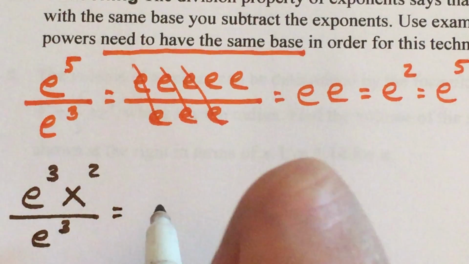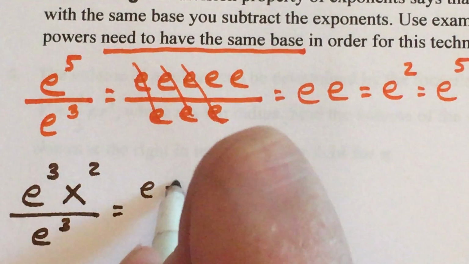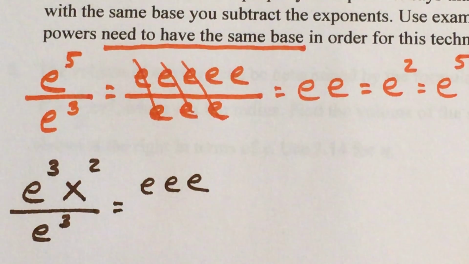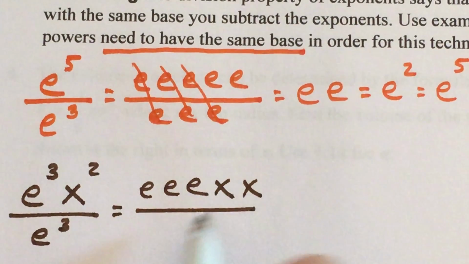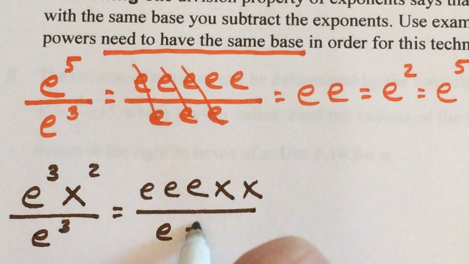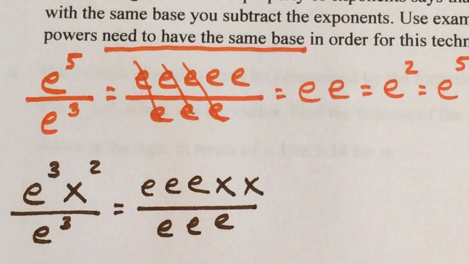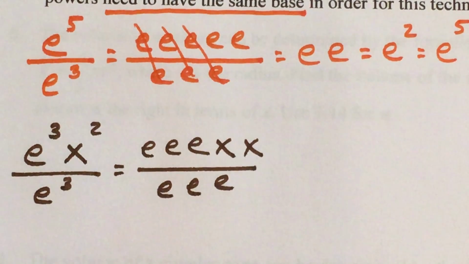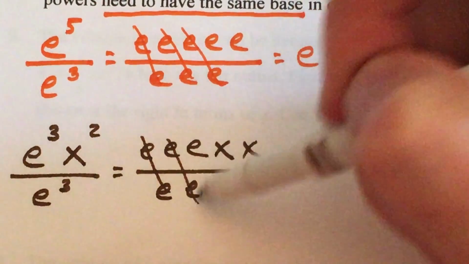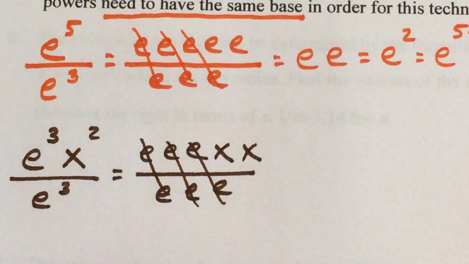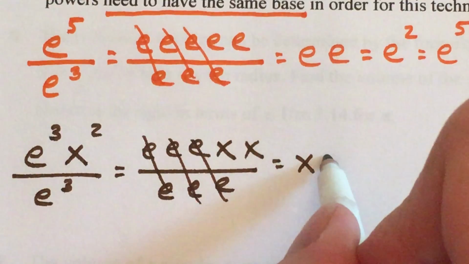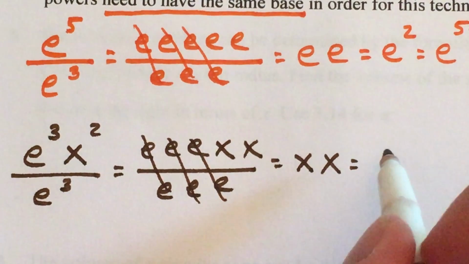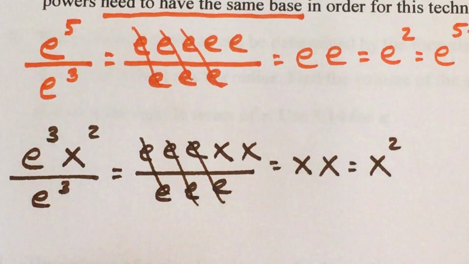Okay, so this gives me 1, 2, 3 e's and a couple of x's over 3 more e's. And again, my e's get to cancel, but I'm left with x times x, and that's x squared.